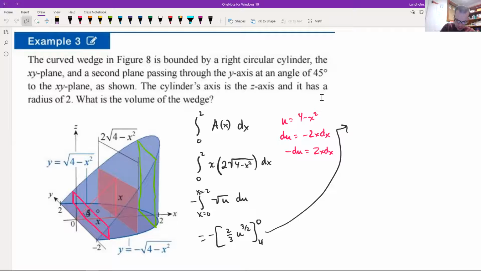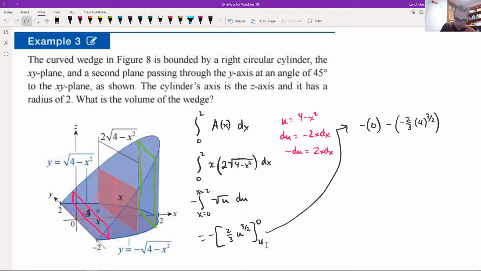Let's see. So this means that we've got minus 2/3 times 0 to the 3/2. That, and then we're going to subtract off, oh geez. But really, since we've got a minus sign out front of here, we've got negative 0 minus negative 2/3 times 4 to the 3/2.